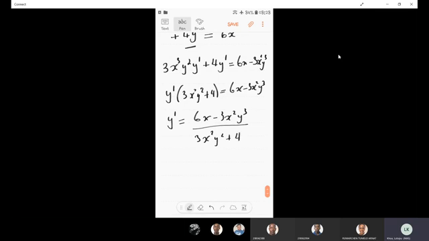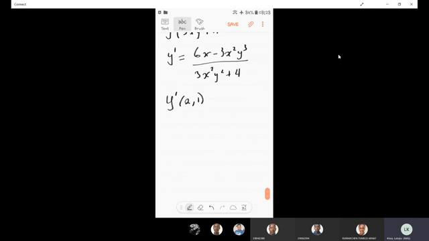Now we want the gradient at the point 2, 1. So we want y prime of 2, 1. So I'm going to substitute x with 2 and y with 1. So this is equal to 6 times 2 minus 3 times 2 squared, and this is 1 cubed, over 3 times 2 squared, this is just 1 squared plus 4.